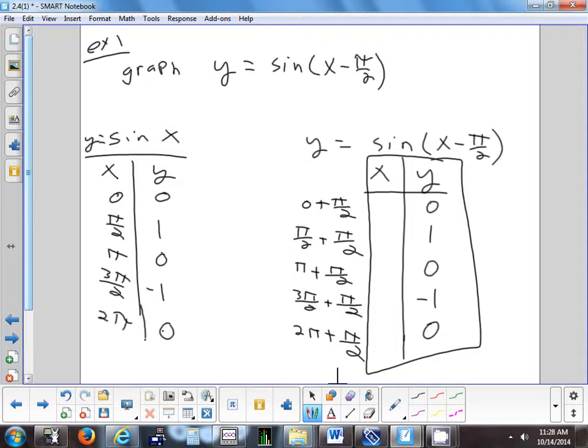Okay, 0 plus pi over 2. Naisha, what's 0 plus pi over 2? Just pi over 2. We'll be keeping every answer as a fraction with pi in it. We won't be using any decimals here. Okay, Lydia, what's pi over 2 plus pi over 2? Okay, pretend it was just a number.